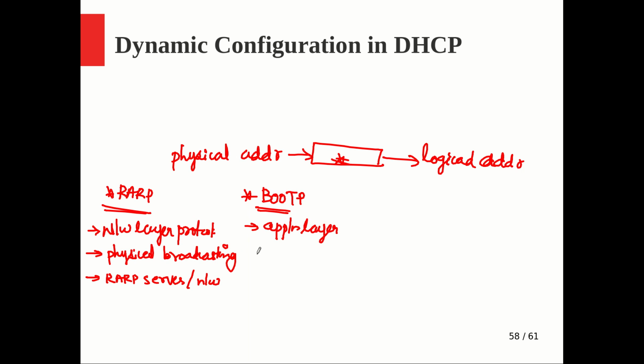Application layer in the sense it can go through all the layers, whereas a network layer protocol can't have access to higher layers. Here also the BOOTP request message will be broadcasted, but now the broadcasting is in the network layer. Here it is logical broadcasting, or you can call it network layer broadcasting.